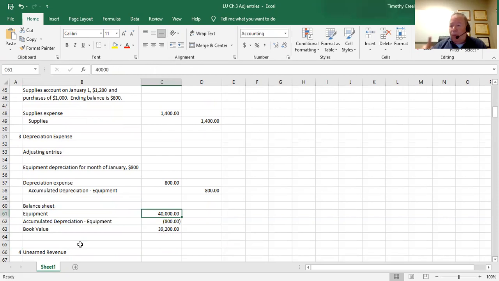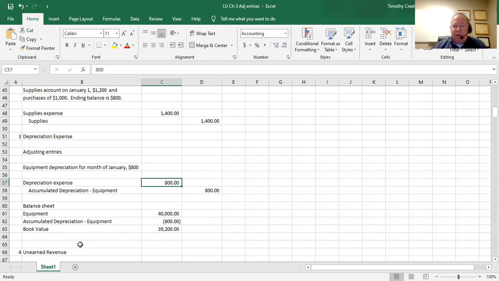If we've gone through 1 month of depreciation, then you would have accumulated depreciation equipment of 800, and then you would have a book value, which would be the difference between the cost of the equipment and the current level of accumulated depreciation that you've incurred. Now, one thing I'll say about depreciation is that most companies use straight line depreciation.